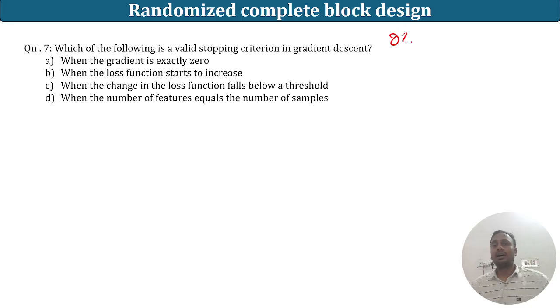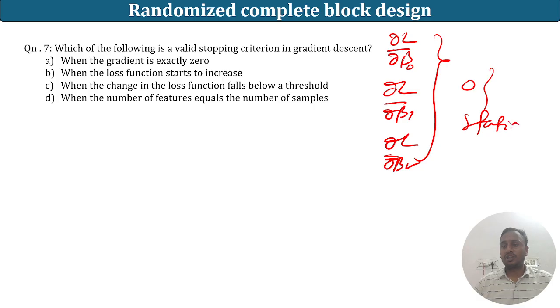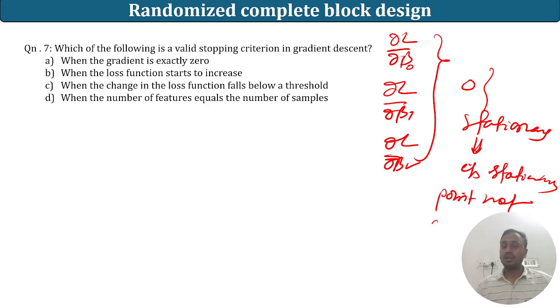We have the partial derivative of L with respect to beta naught, and of L with respect to beta 1 equal to zero. That is a stationary point, not the stopping criterion. So this can't be the answer.